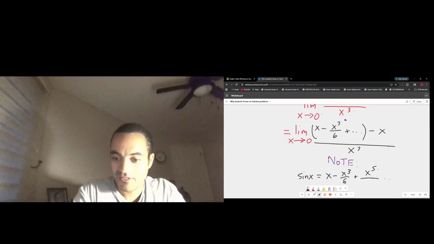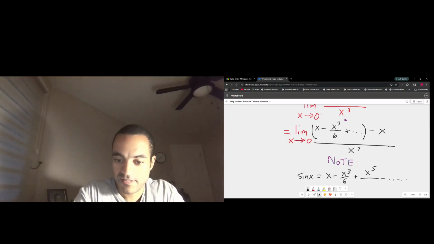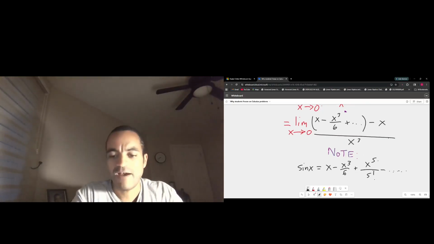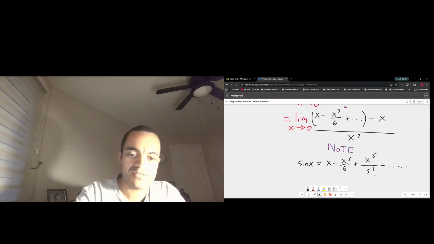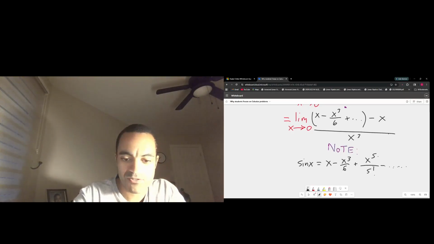Sorry about that. It would be 5 factorial, I believe. So sine x equals x minus x cubed over 6 plus x to the 5th over 5 factorial minus dot, dot, dot. This is the definition of the Maclaurin expansion for sine x.